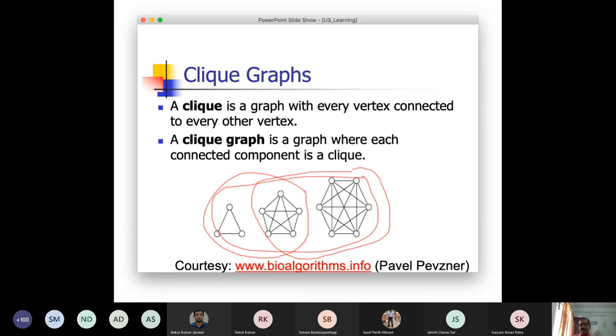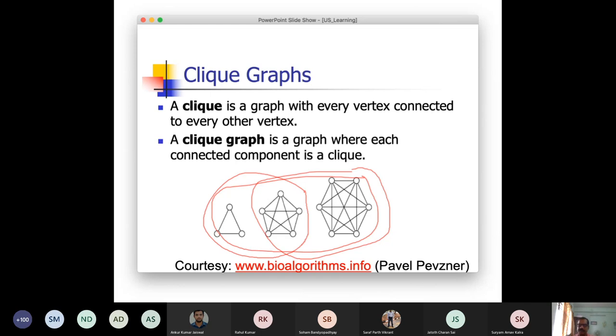So when I give you a set of data points for clustering, you can easily convert it to a graphical representation, as I mentioned, using the distance matrix, by computing the distances between the data points and putting a threshold on the distance value, because you are assuming the points should be close enough.